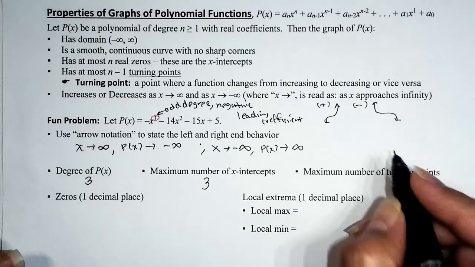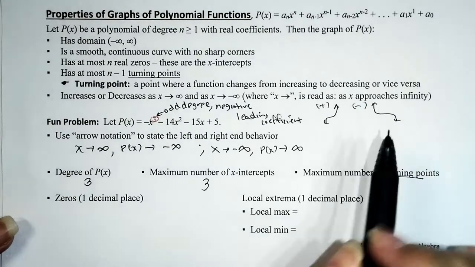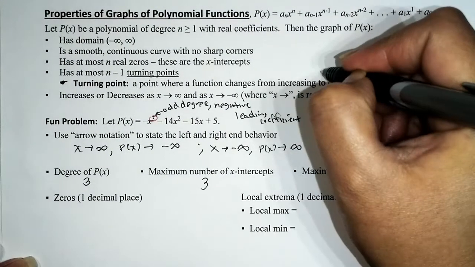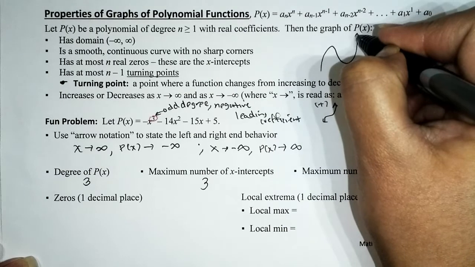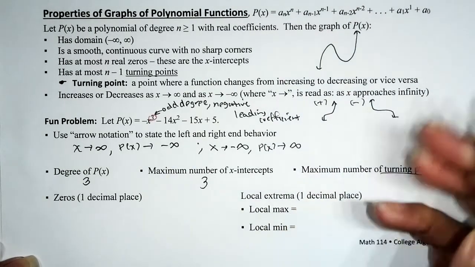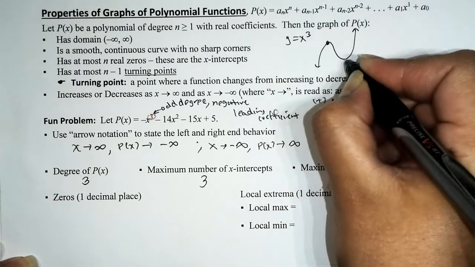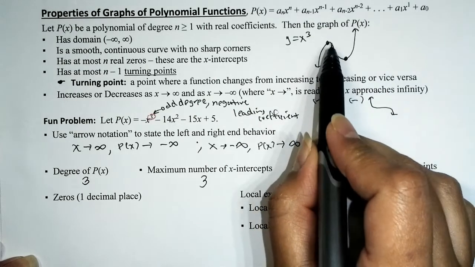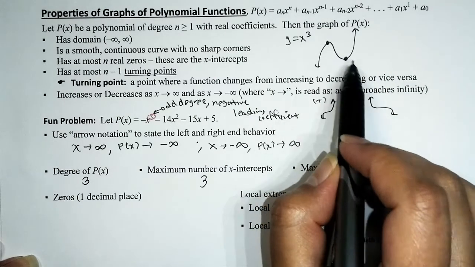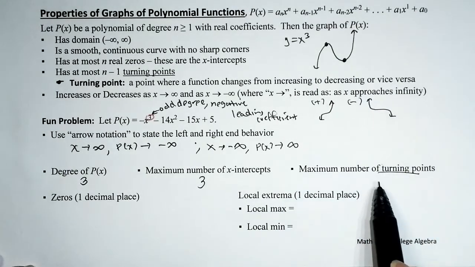Maximum number of turning points. Okay, so in English, turning points are like those hills and valleys. Okay, this is not the graph for this, but it's easier for me to do this one and that one. So in this case, if we had the graph of the cubic function, we have one high point and one low point. Okay, straight definition of a turning point.